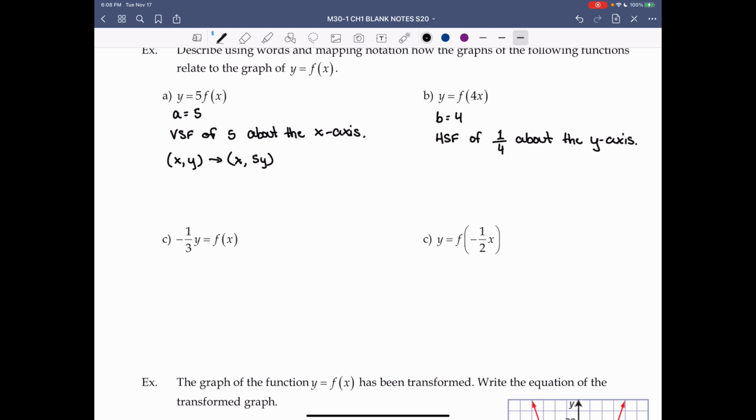And mapping notation, a point x, y on y equals f of x would become the point 1 over 4 x, y on y equals f of 4x. We could also write that as x divided by 4, y.